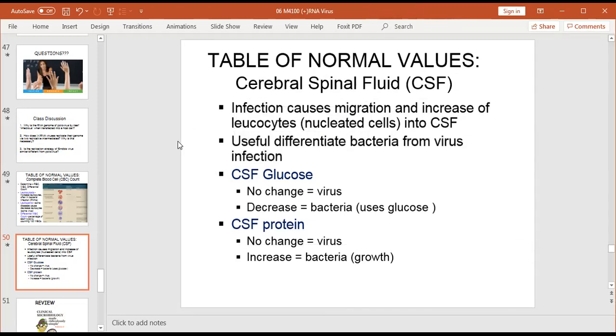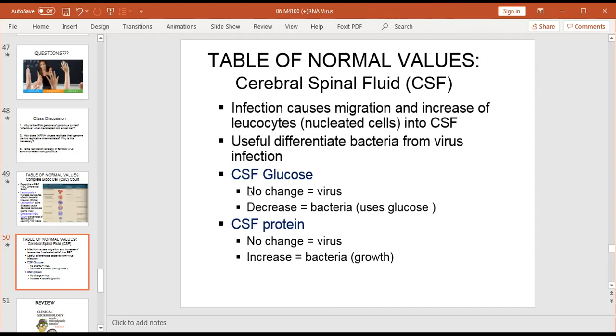One way, as I said, is that usually during viral infections, we have more lymphocytes. In bacterial infections, we usually have more PMNs or neutrophils. Another way of distinguishing between viral and bacterial infections is via conducting a biochemical analysis, measuring the glucose as well as protein contents of cerebrospinal fluid or CSF.